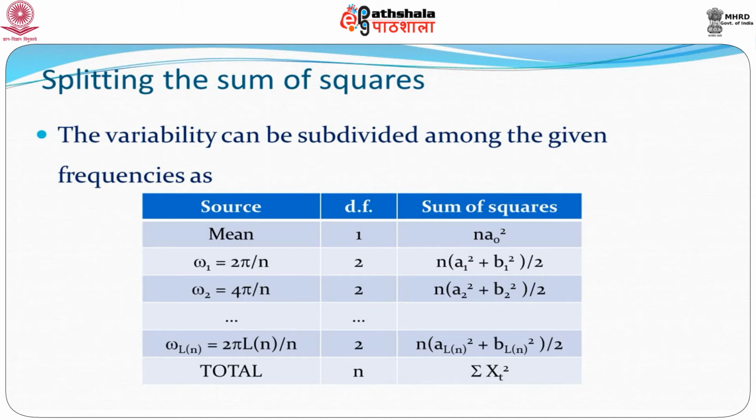So, if you have a large value somewhere, say maybe omega 2 has a large value, which is n (a2 square plus b2 square) by 2, then we know that this frequency plays a dominant role in expressing the process that we are looking at. So, this is how we can identify the frequencies which are major players in expressing the corresponding process.